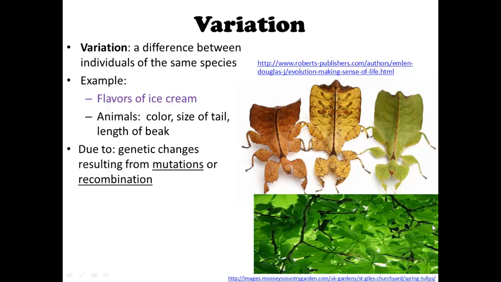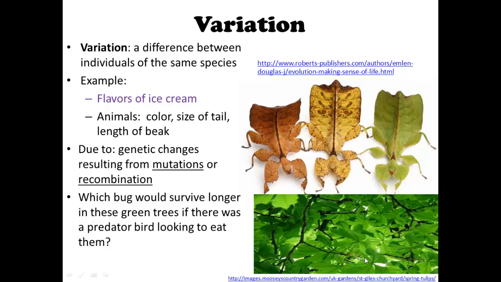Okay, so here are some green leaves in a tree. Which of these bugs would survive longer in these green trees, among these green leaves, if there was a predator, like a bird, for example, looking to eat them?